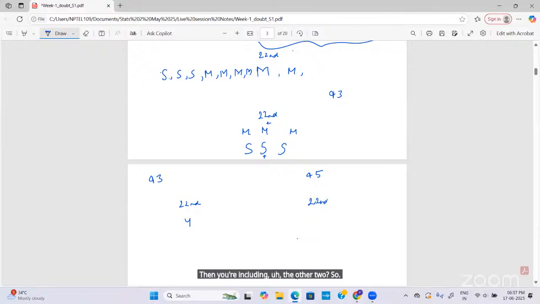So in that case also, it will be coming to this side or this side because it is the same size, right? So this is the 22nd position, this is the 23rd position. This value will not be changing. This will be the same, no matter it is S or M. Okay, ma'am. Okay.